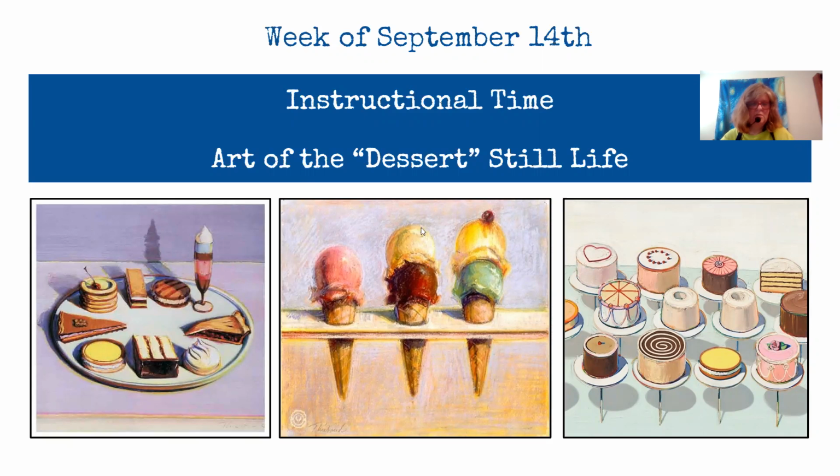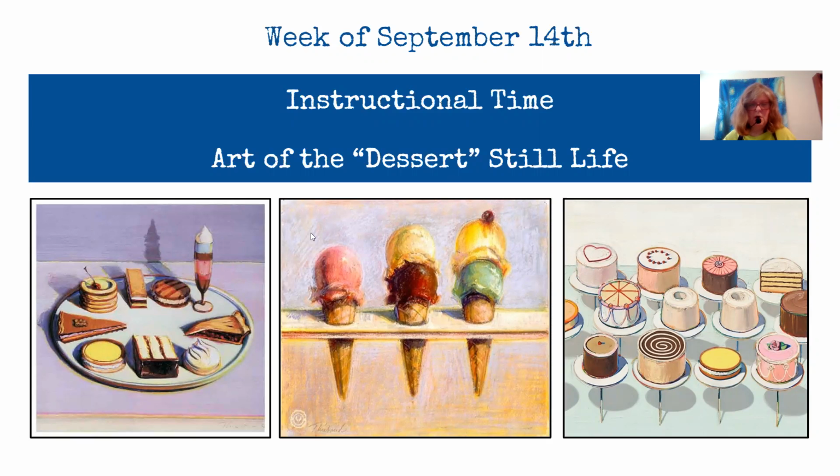This kind of reminds me of sherbets, chocolate, but the paint that he applied was rich in texture. I wish that you could see the surface of his paintings because they are almost like frosting. You can see some of the paint strokes in the background here.